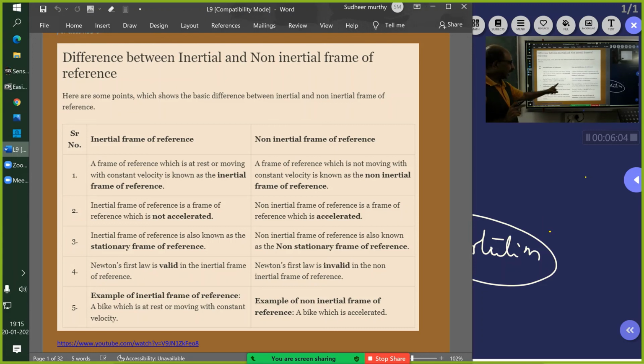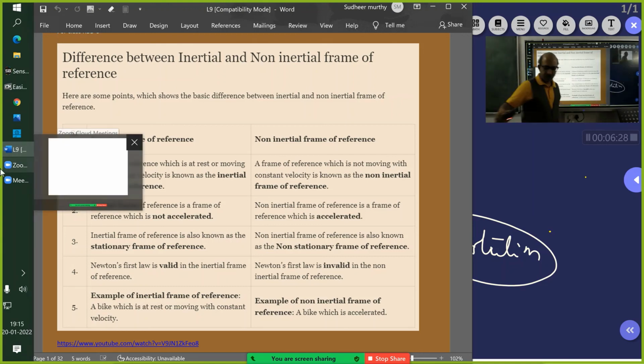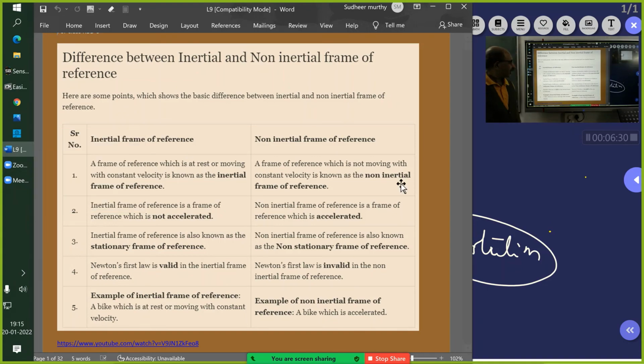Precisely, Newton's first law is invalid in a non-inertial frame. The other names are stationary frame of reference and non-stationary frame of reference. Another name is that an inertial frame is non-accelerated, and a non-inertial frame is accelerated. These are the different names that we use.